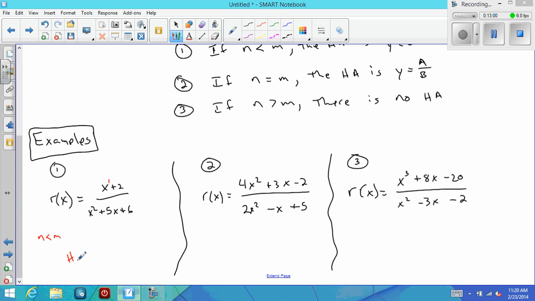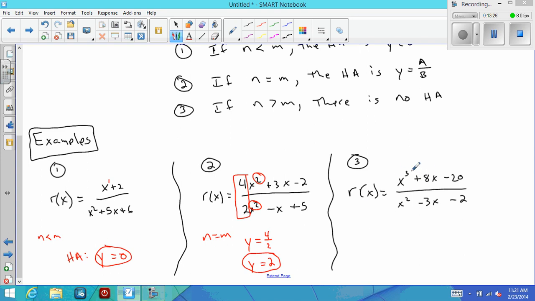My horizontal asymptote is y equals 0. Here, they are equal. We have 2 and 2, so n equals m. I look to my coefficients here, 4 over 2, so y equals 4 over 2, which is y equals 2. And that would be my horizontal asymptote.